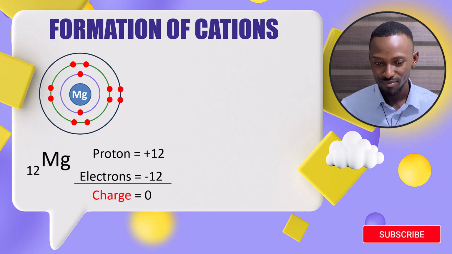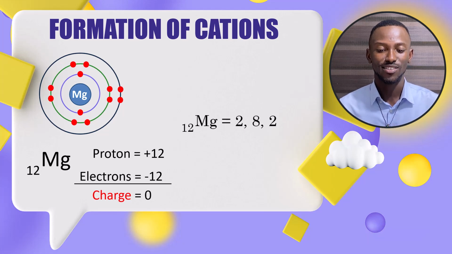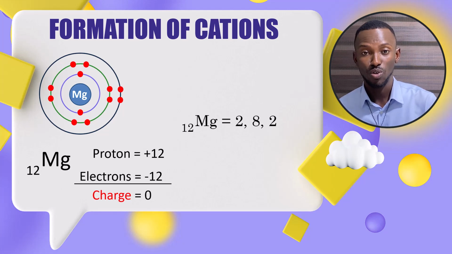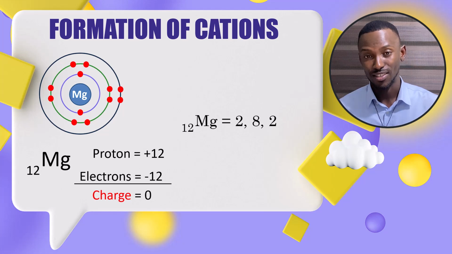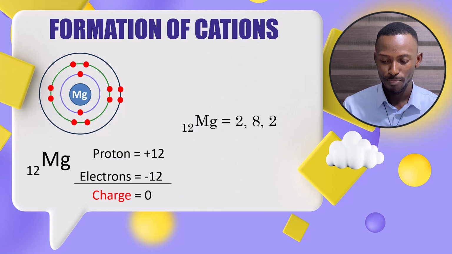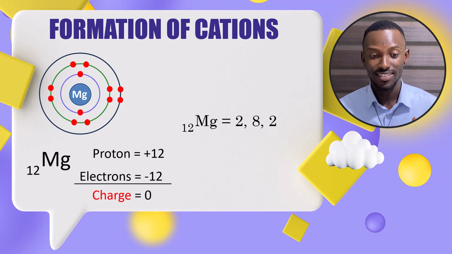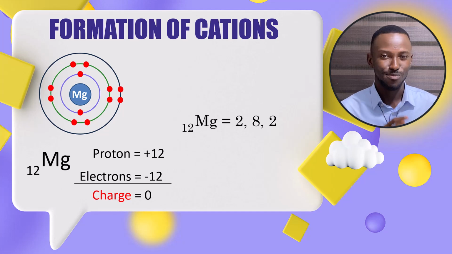But here's the interesting thing. The electron configuration of magnesium is 2, 8, 2. 2 for the first shell, 8 for the second shell, and 2 again for the third shell, as you can see in the diagram. But interestingly, magnesium has only 2 electrons in its outermost shell.